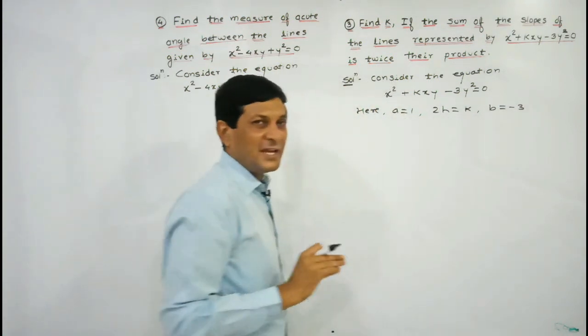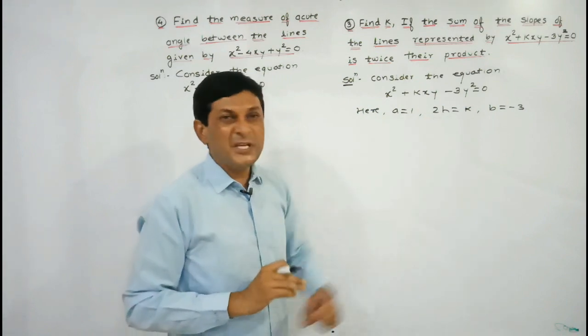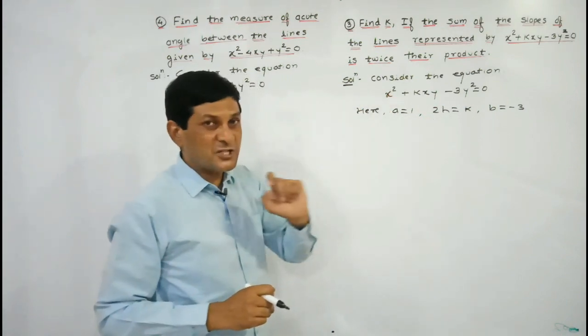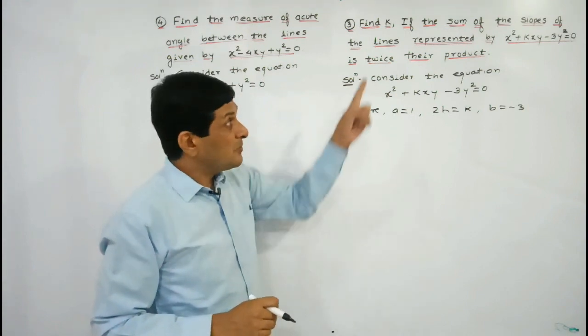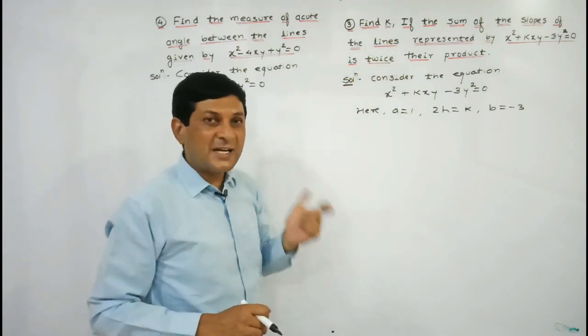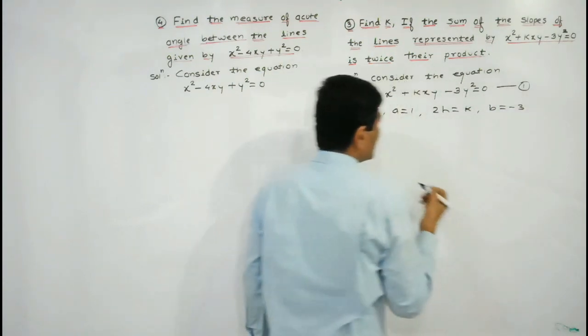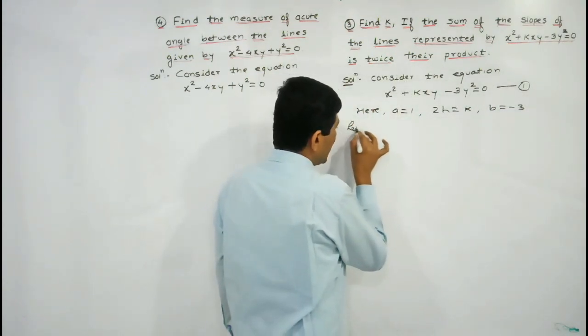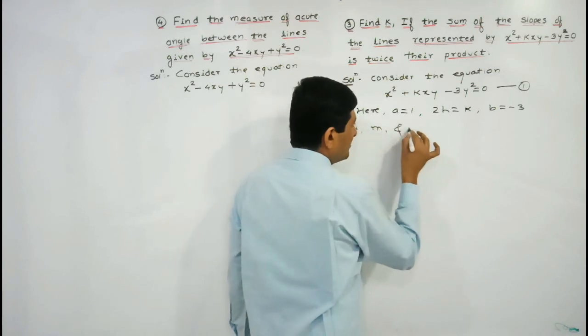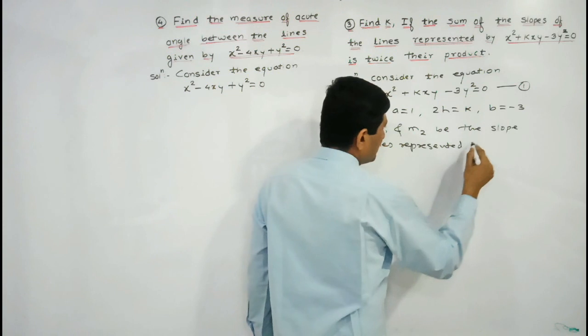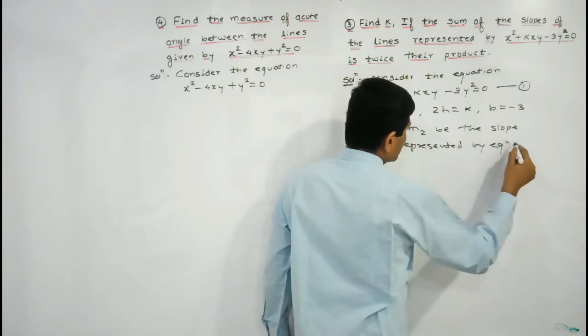Once the values of a, 2h and b are known to us, denote the slopes of the lines represented by this equation by m1 and m2. Why? Because the example is related to slope. Let us denote the given homogeneous equation by equation number first. Let m1 and m2 be the slopes of the lines represented by equation first.